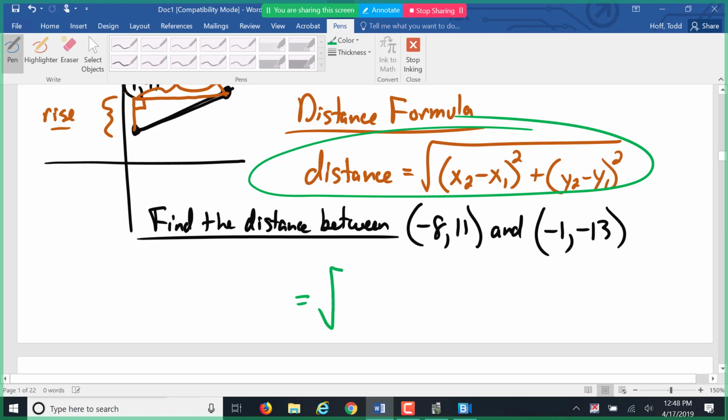That distance is equal to the square root of x2.